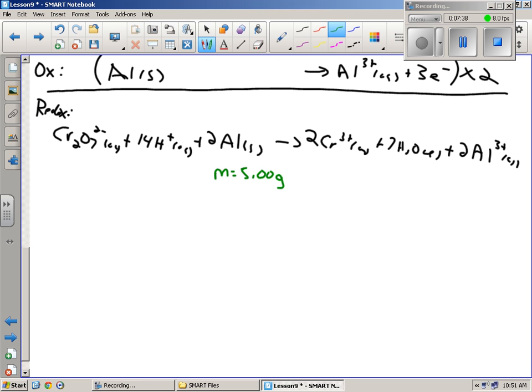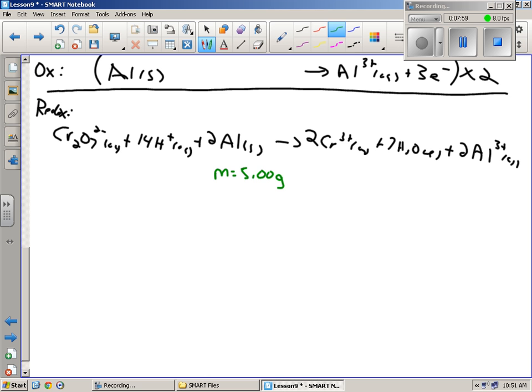Questions? Yeah. From the equation. I didn't. I got it out of the data booklet. That's what it says in the data booklet. Top left, working way down. Find it. 5 grams aluminum.